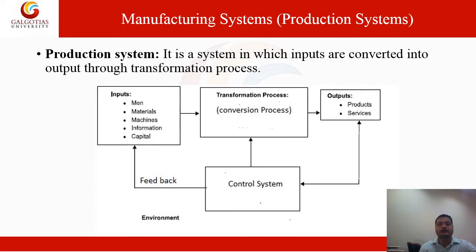If you see these components, you can identify inputs, output, control system, feedback mechanism, transformation process, and finally environment. A manufacturing system mainly consists of these 6 components. But when we define a manufacturing system, we can define it as a system which converts input into output.